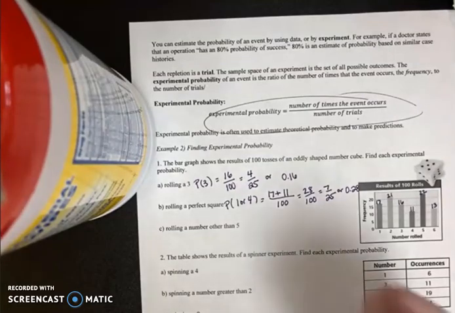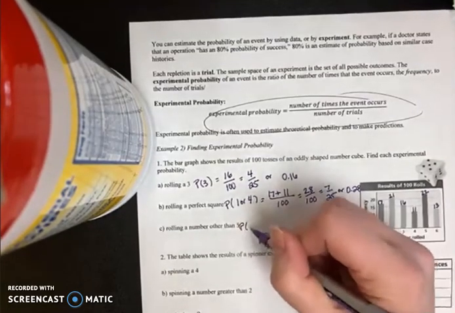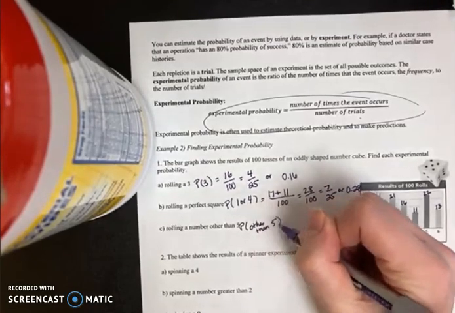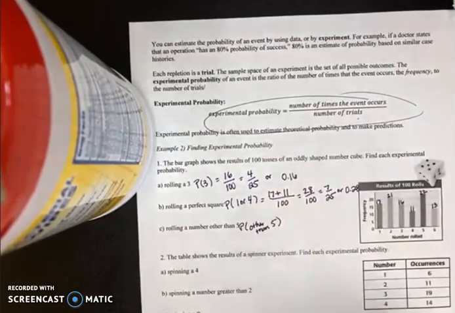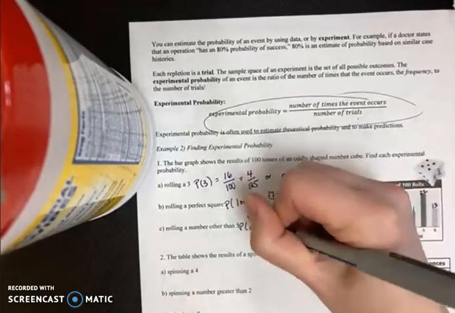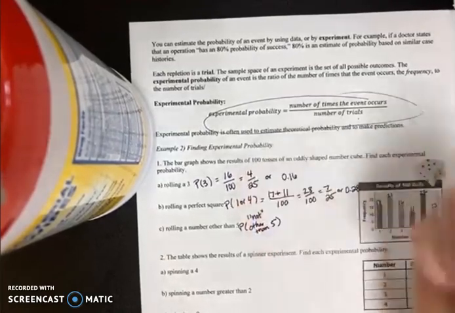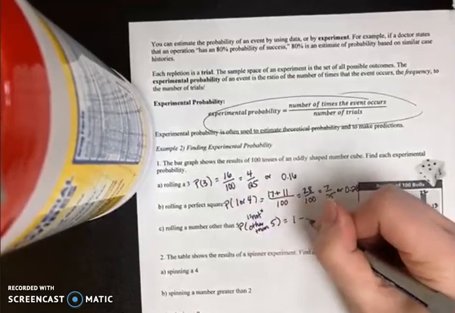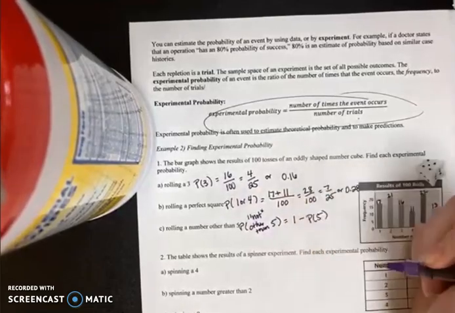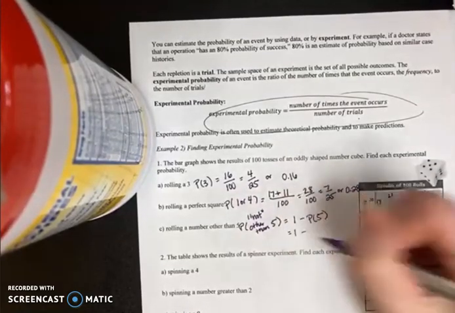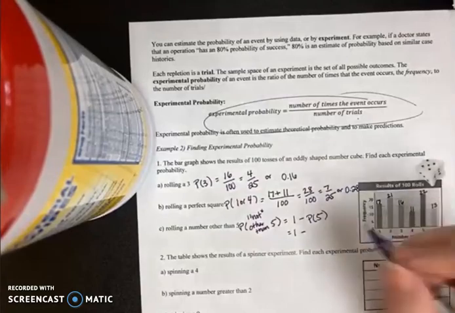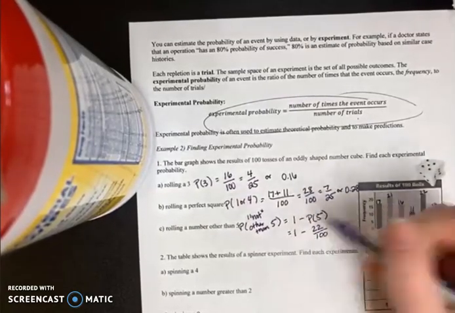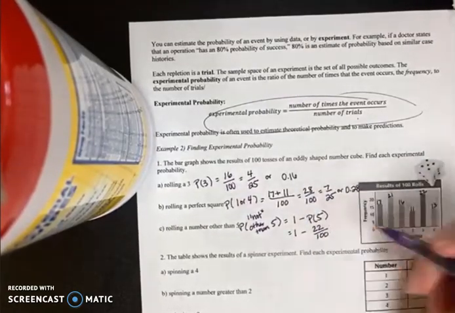Part C says, what's the probability of landing on something other than 5? This is like P not 5, which is the complement. So just to practice it, I would like you to put 1 minus P of 5 using the complement. So that would be 1 minus, it landed on 5 22 times. 1 can be written as 100 over 100.